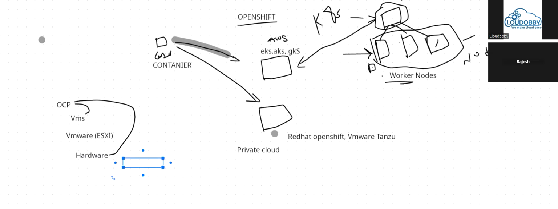If we use VMs, we can have four VMs as worker nodes and three VMs as master nodes, because it's an on-prem environment and if one master goes down, another takes over. So basically 4 plus 3, 7 VMs are provisioned to create the OCP environment. OCP is nothing but OpenShift Container Platform.